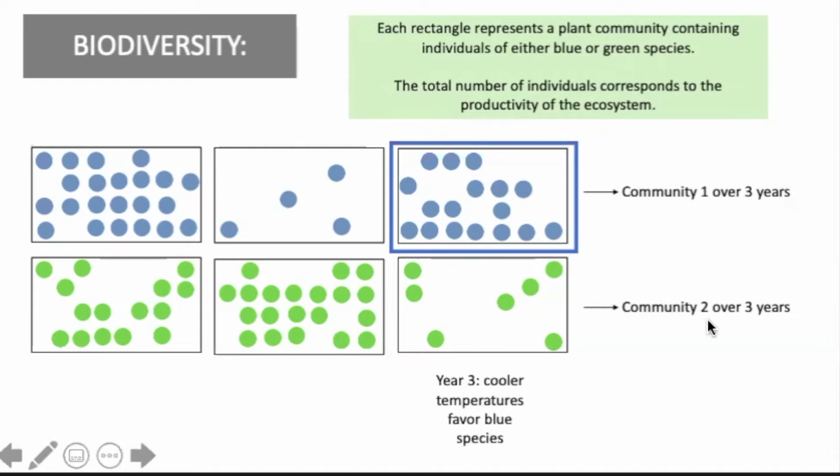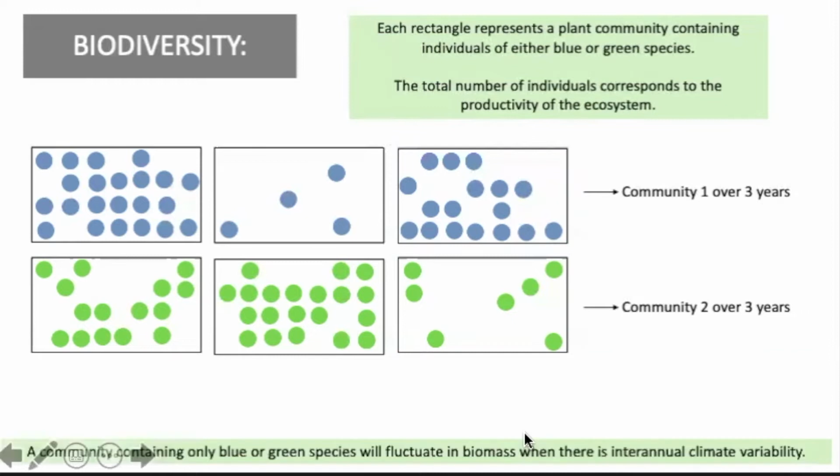When communities don't have high biodiversity, say with more than one species, it's going to be hard for them to be productive. To tie it all together, a community that only contains a blue or a green species is going to fluctuate in its biomass where there is interannual climate variability.